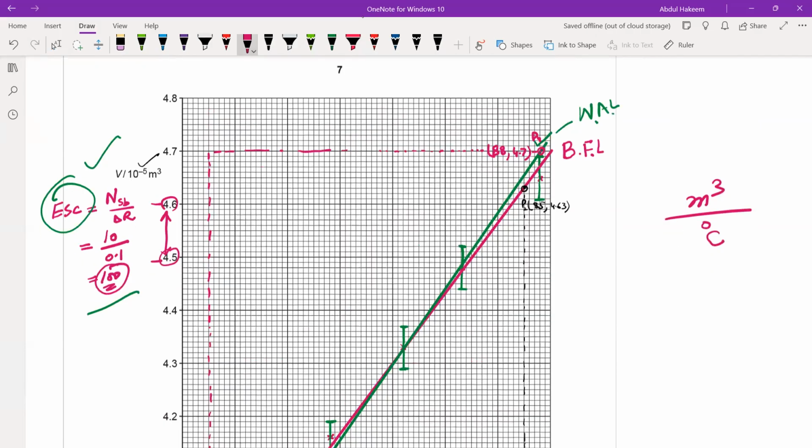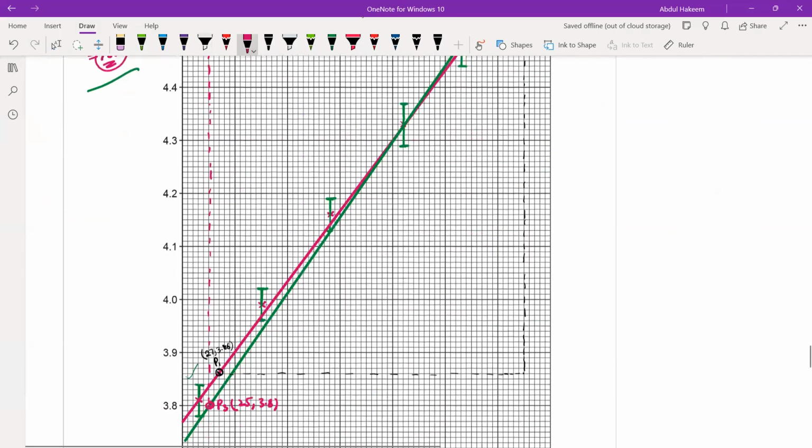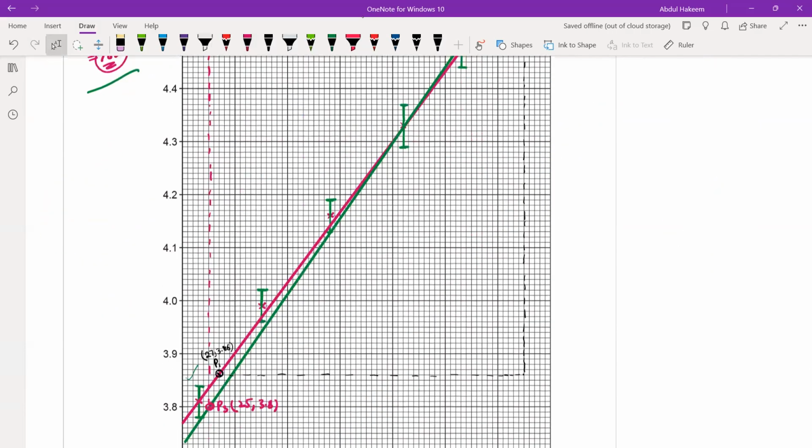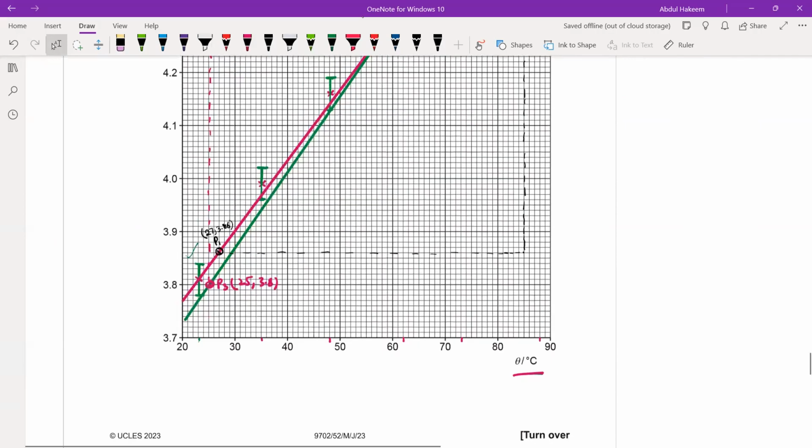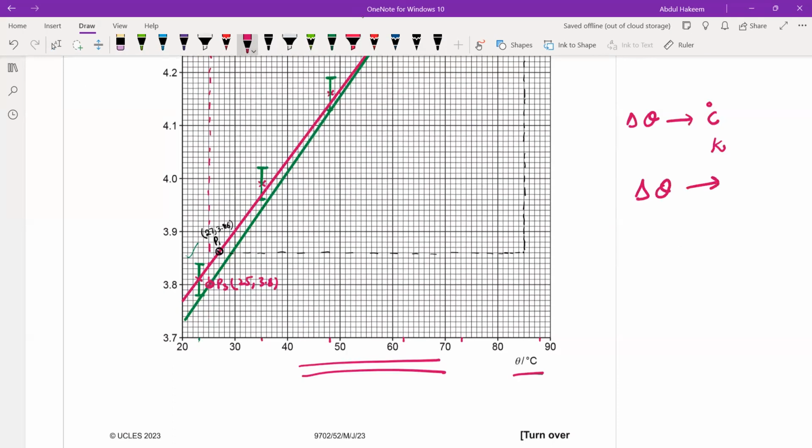gradient. But during the calculation of the gradient, we are actually subtracting one value of theta from the other. We are calculating delta theta, the change of temperature. The change of temperature in degrees Celsius is always the same value in Kelvin.